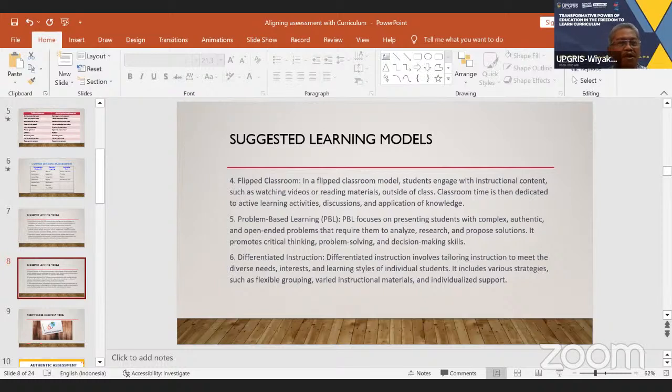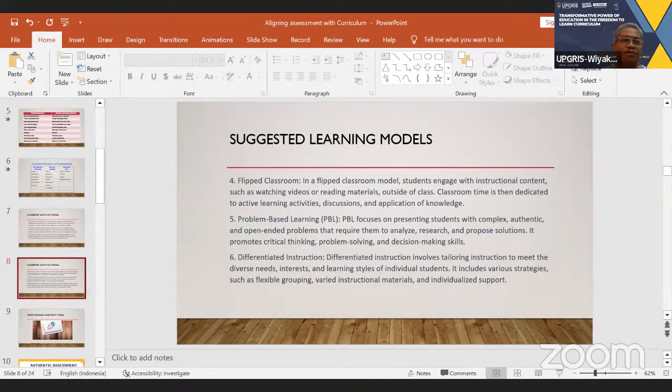I know from the literature that flipped classroom is the inverted activities done by the teacher and the students. One day I asked my students to prepare something, probably to watch a video, or to learn the PowerPoints that I sent to them. And then the next day, the students and I discussed the materials. This is a flipped classroom.